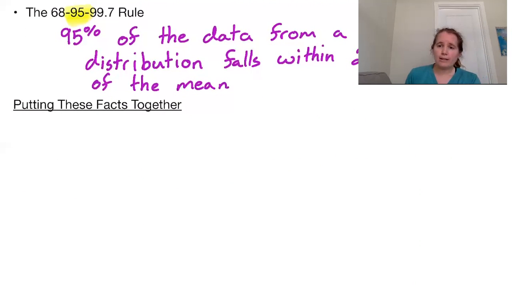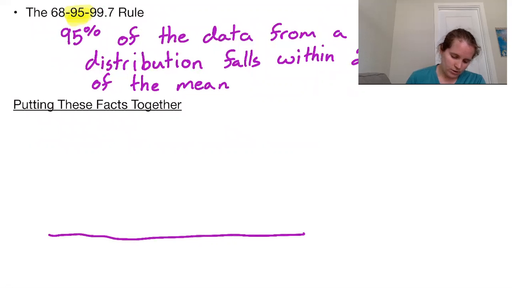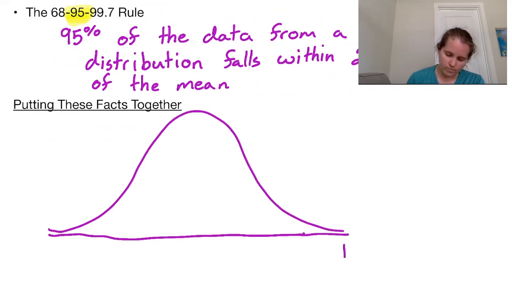Putting these facts together, our p-hat distribution is normal. The mean is just p, the population proportion.